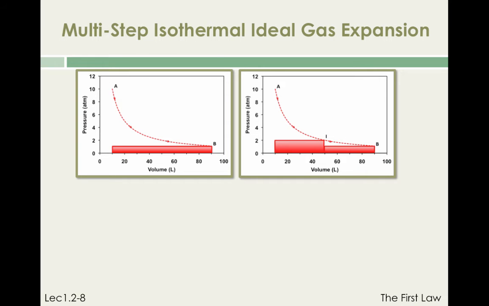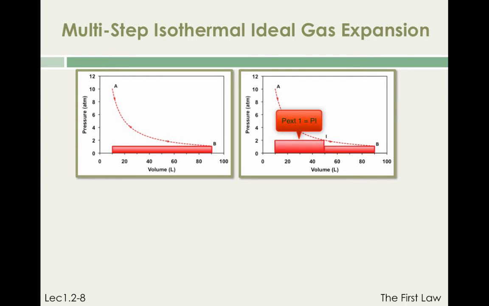For the same reasons given before, state I is also an equilibrium state, which lies on the same isotherm as states A and B. For each stage of the expansion, the final gas pressure is equal to the external pressure during that stage.